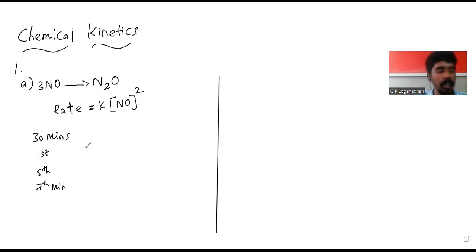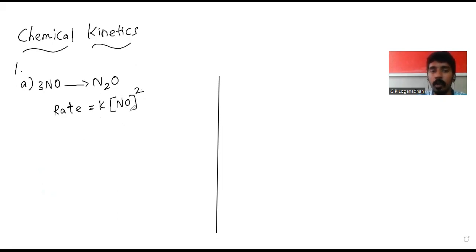There is one more formula, the rate of the reaction, which is the decrease in concentration of reactants or increase in concentration of products per unit time. Right? Now the order of the reaction is the power of the concentration terms when you are writing the rate law. What is the sum of the powers of the concentration terms?